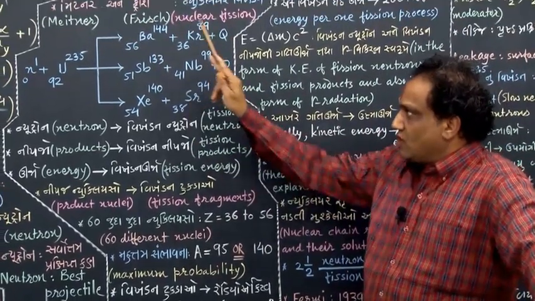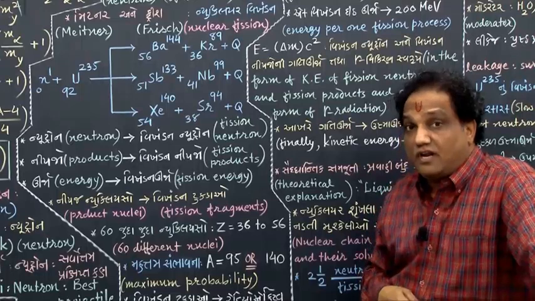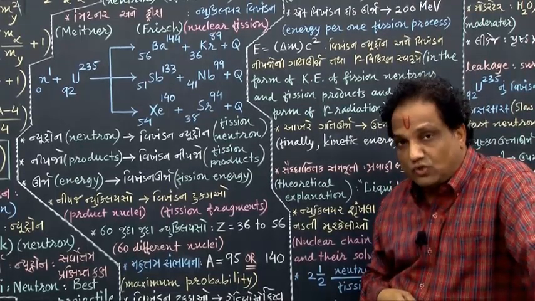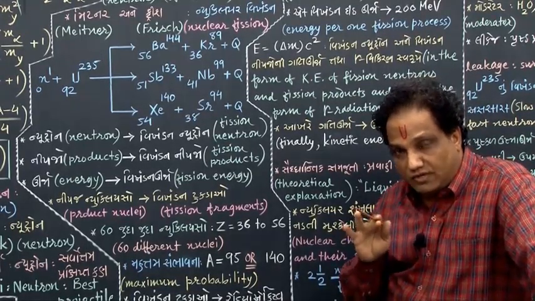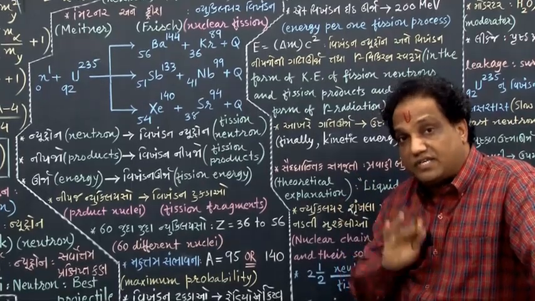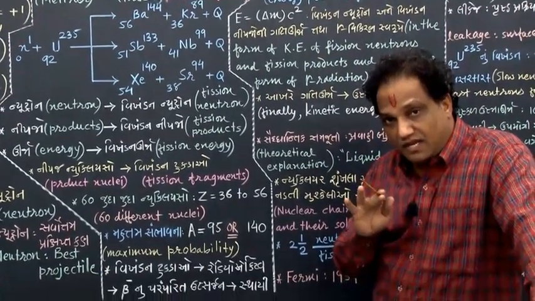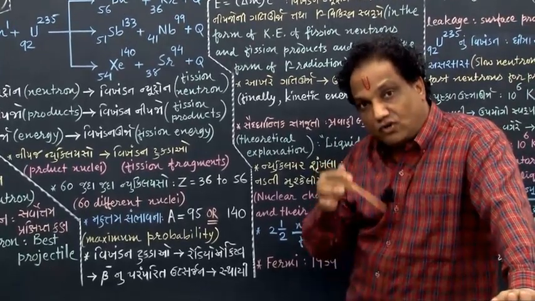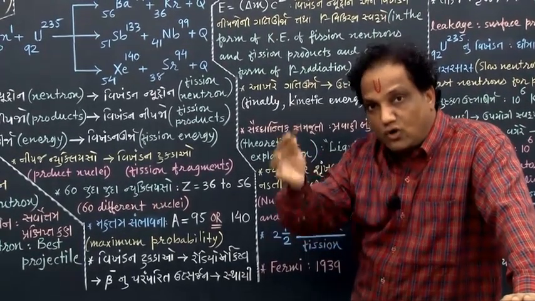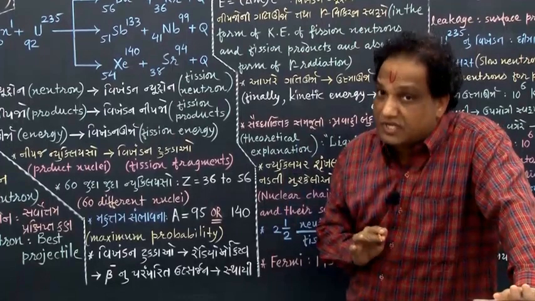Many of the fission products are found to be radioactive. So they simply do not get formed into directly stable elements. No. They are initially radioactive, and later on they undergo beta disintegration process.